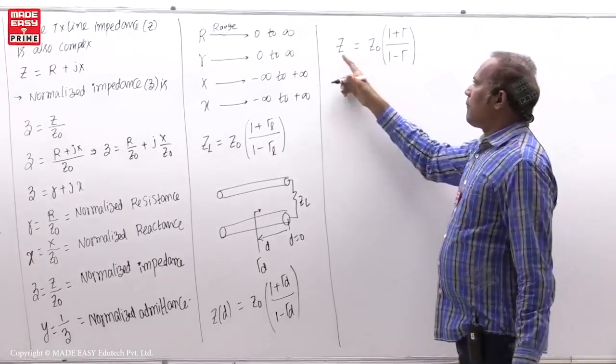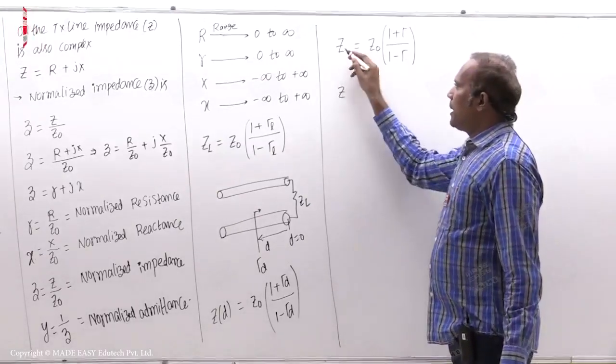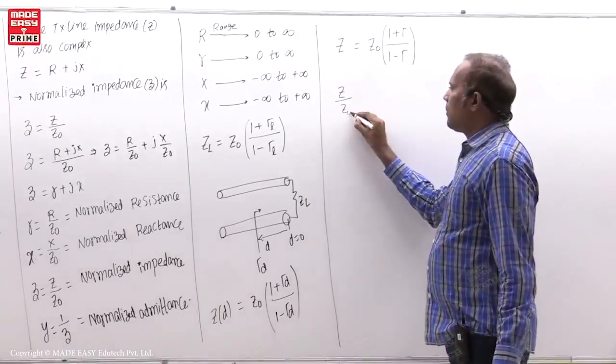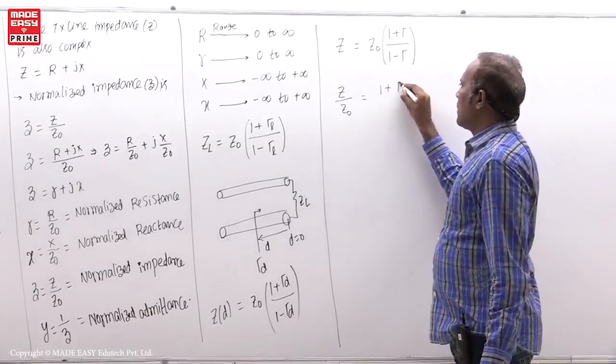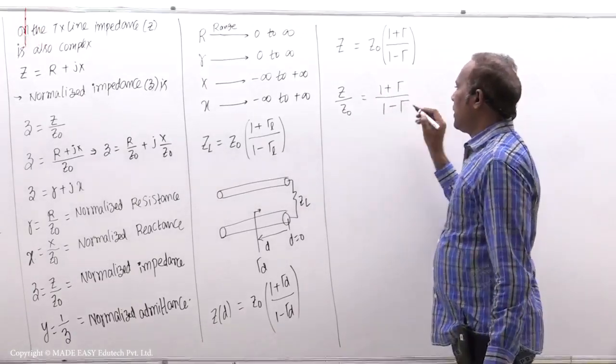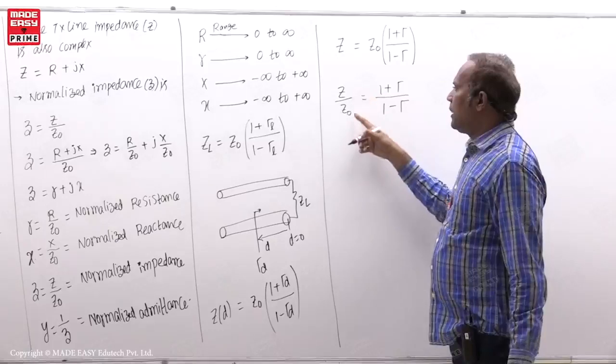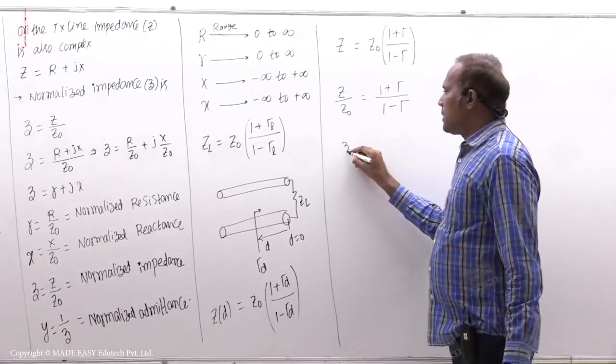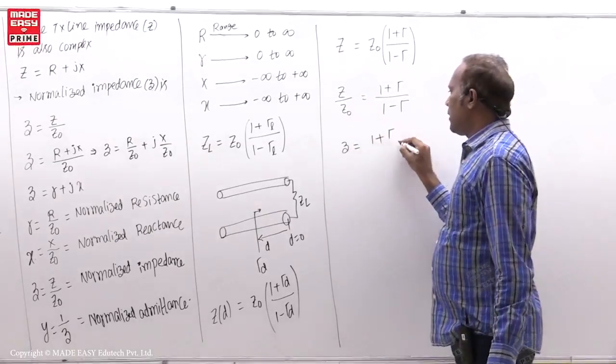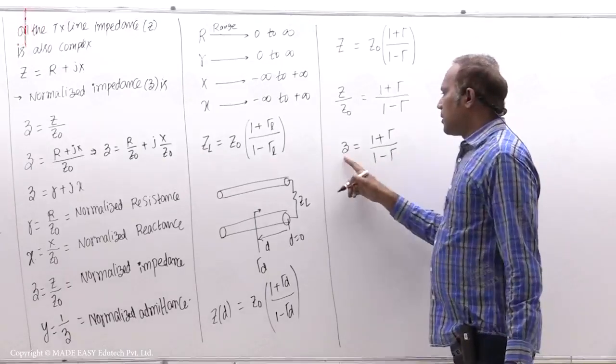Now students, from this Z, the impedance of the transmission line divided by Z naught is equal to (1 plus gamma) by (1 minus gamma). So what is this actually? This is small z equal to (1 plus gamma) divided by (1 minus gamma). What is small z?